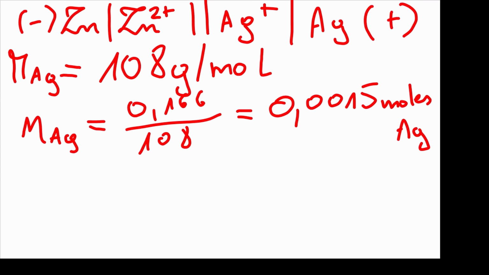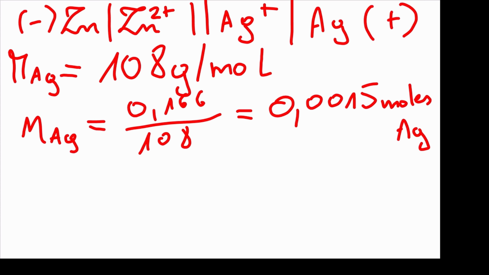Okay, we also need to find how the concentration was changed. So we need to calculate how many moles were in the electrolyte solution before the process, before the galvanic cell started to work.